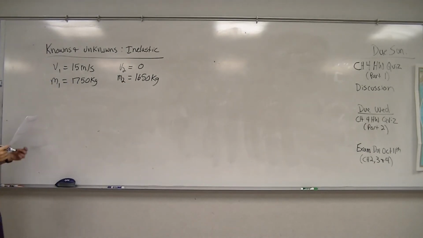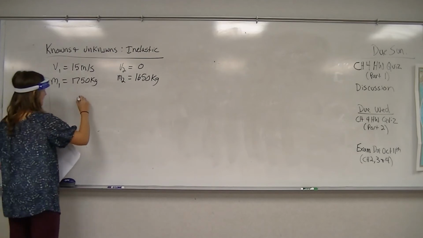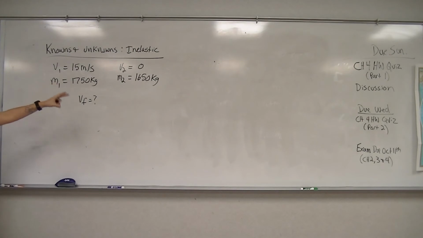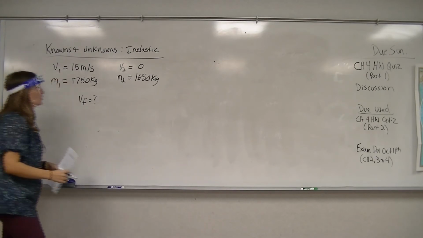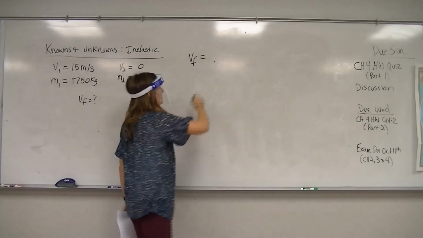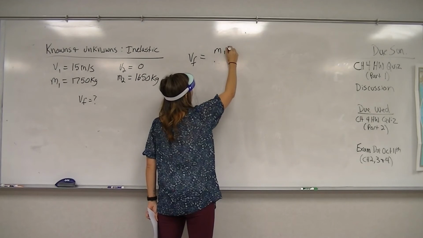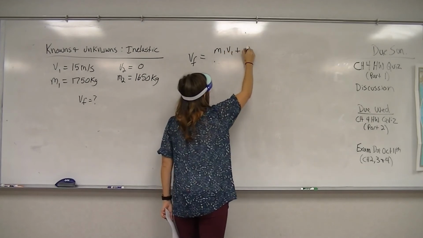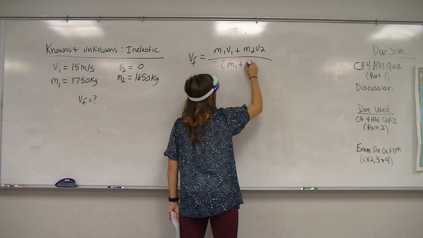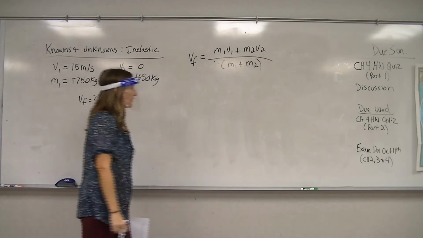And we're calculating the velocity of the cars after impact, so the VF. Very similar to the last problem. We're using the same equation, rearranged to solve for the final velocity. Since we already showed how to rearrange it, I'm going to show the rearranged version instead of doing it again, so that it's all ready for us to plug in.